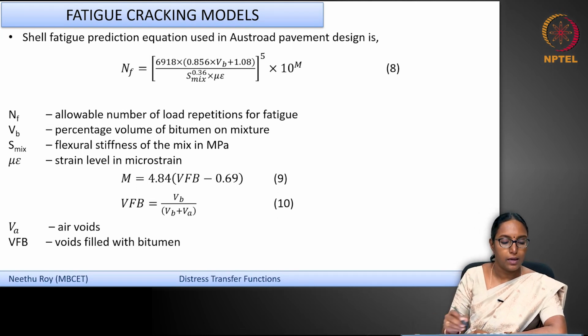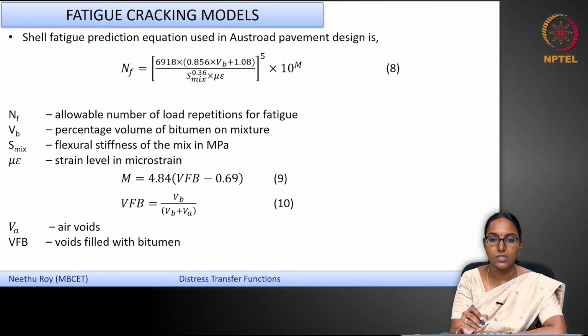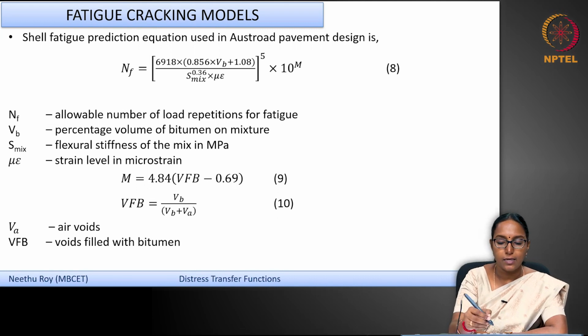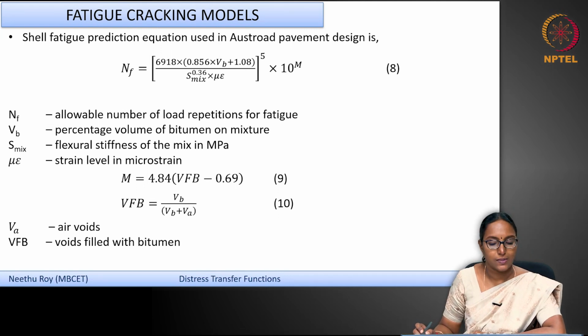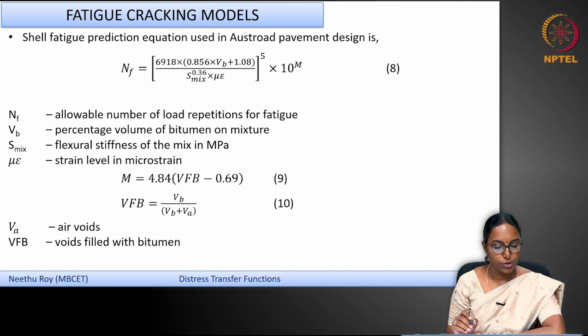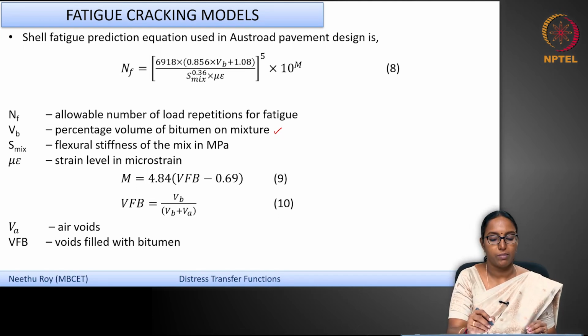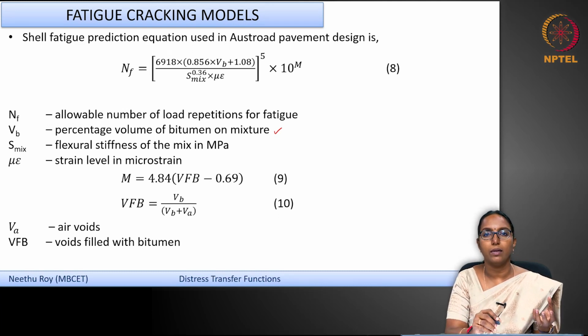As you see here, again, the allowable number of load repetitions for fatigue is given in terms of various factors like VB, S mix, mu epsilon, and a term M. Essentially all these terms correspond to the type of the bituminous mixture, where VB is the percentage volume of bitumen in the mixture, and S mix is the flexural stiffness of the mixture in megapascal.